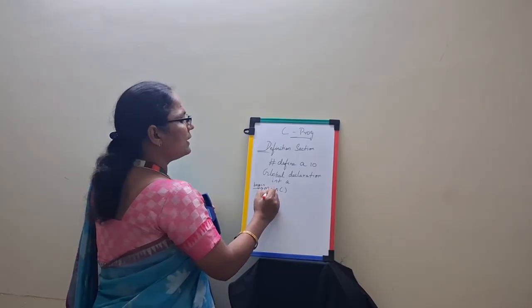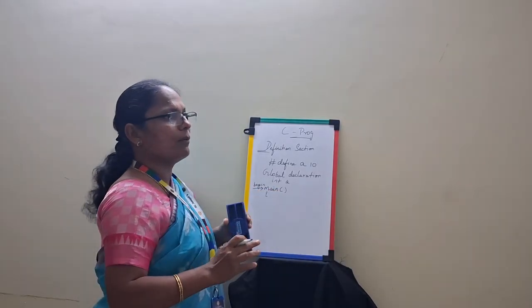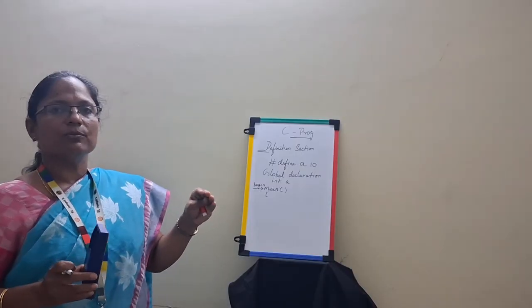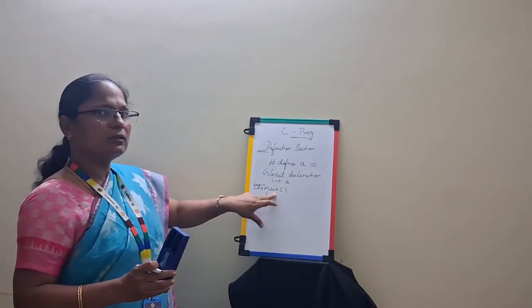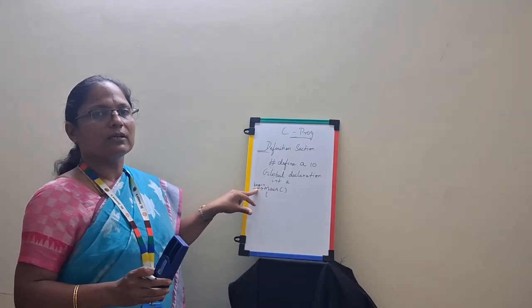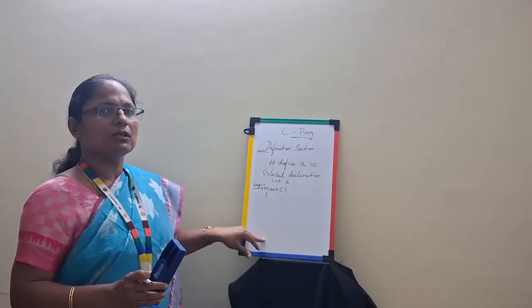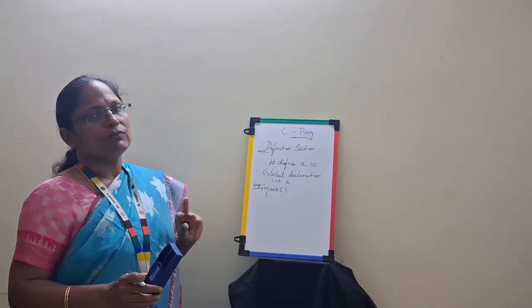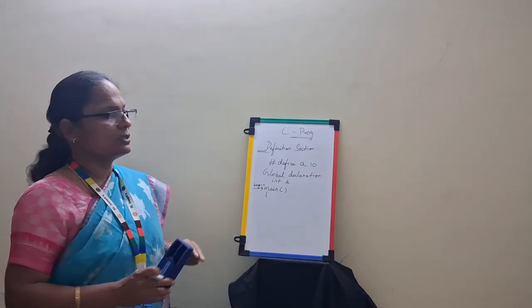Then we write inside. In a C program, we need to give curly braces: an opening curly brace when you start the program and a closing curly brace when you close it. So we give an open curly brace here.